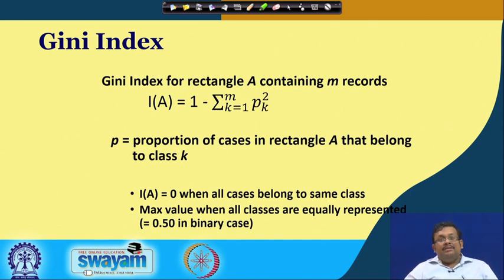Another important term is the Gini index. The Gini index for a rectangle A containing m records can be calculated using this formula, where p is the proportion of cases in rectangle A that belong to class k. I(A) is 0 when all cases belong to the same class, and reaches its maximum value when all classes are equally represented, which is 0.50 in the binary case.